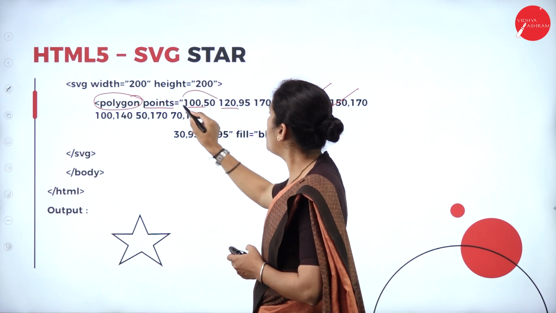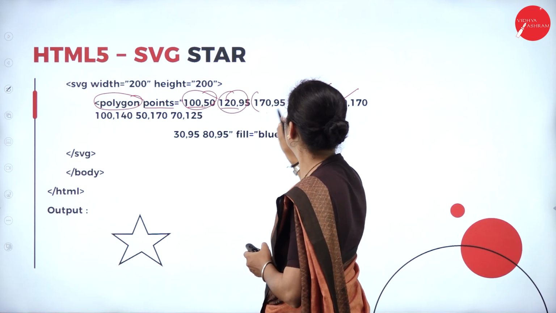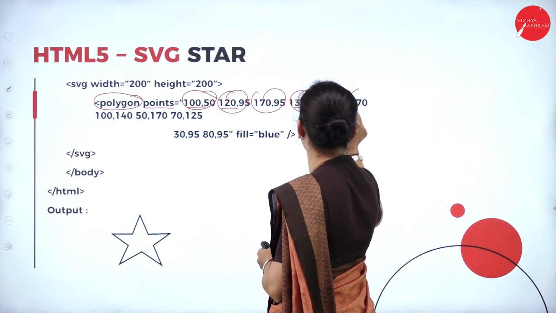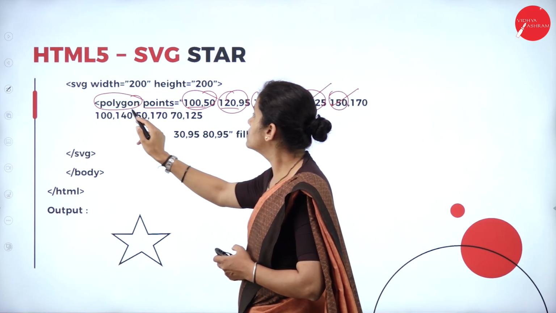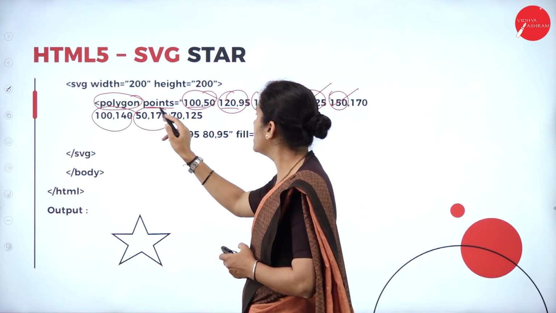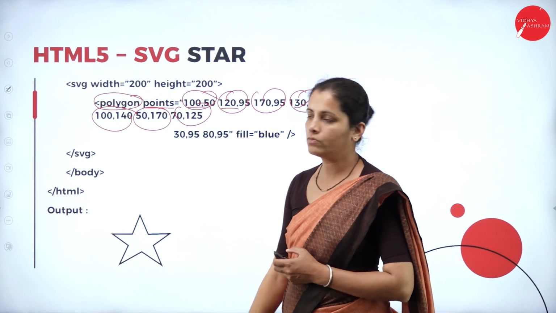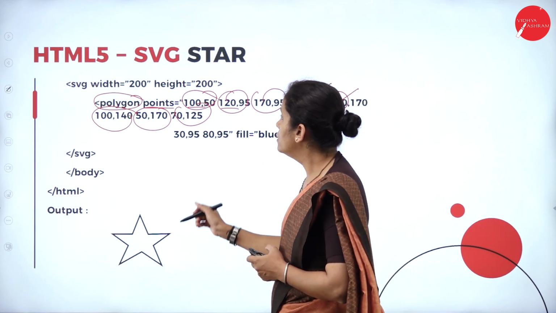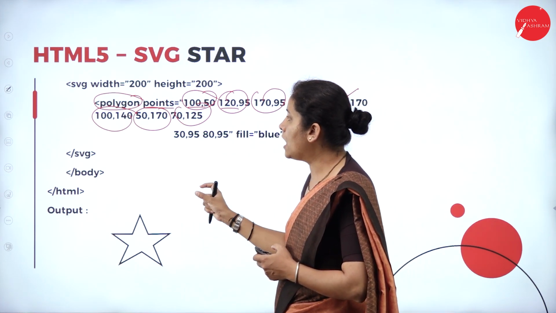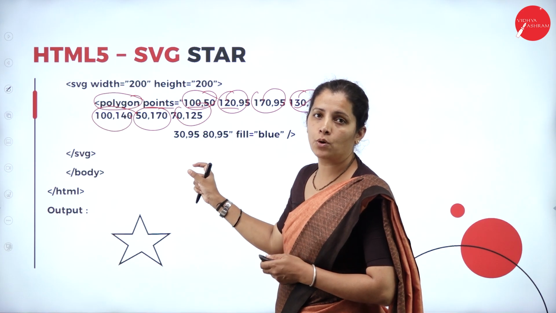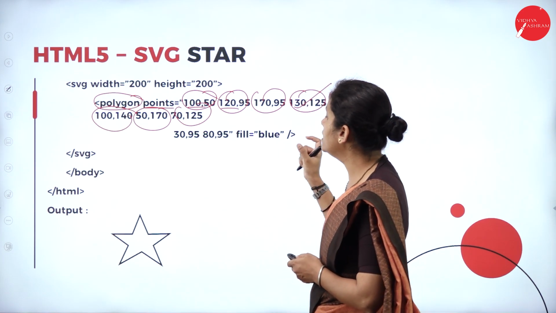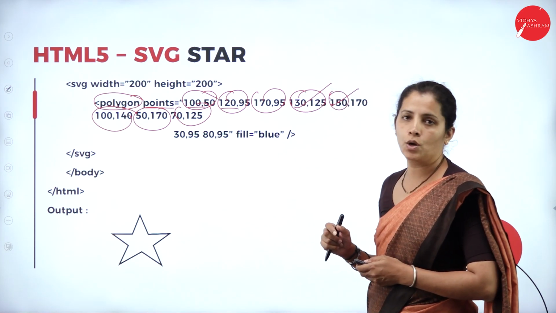So 1, 2, 3, 4, 5, 6, 7, 8. To draw this star, how many coordinates do I require? Eight different coordinates I require.